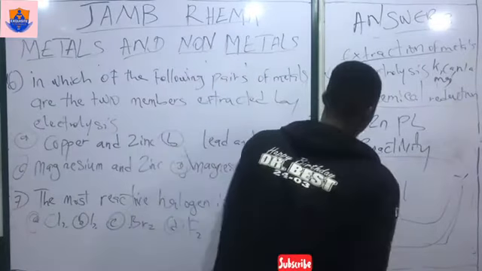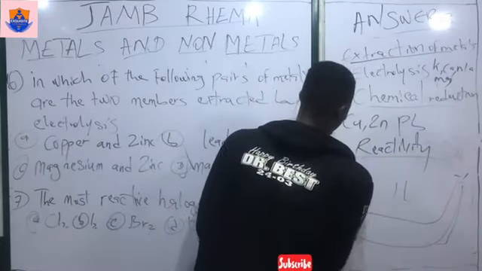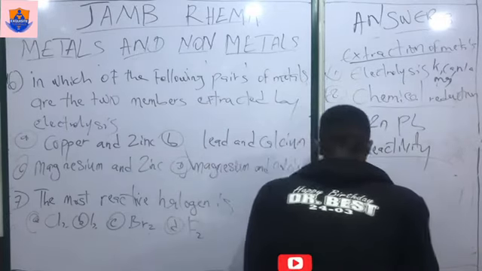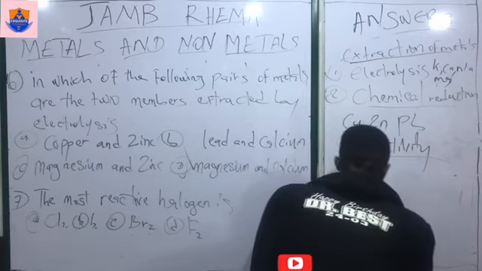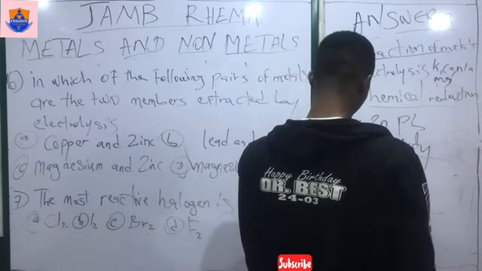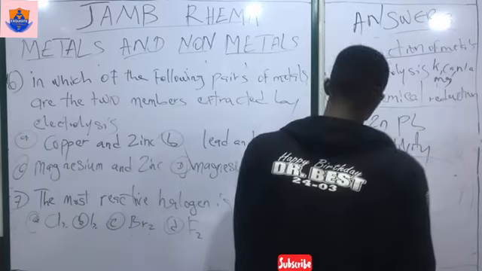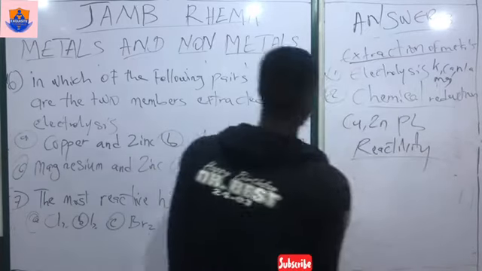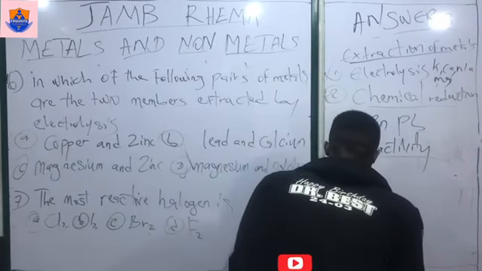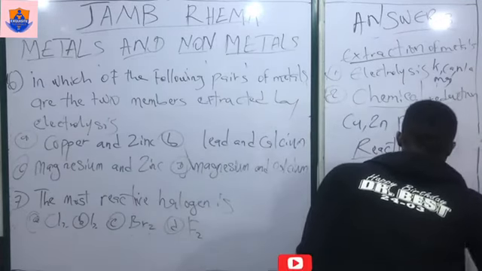Okay, let me make this clearer for you to understand. Let me do the sketching a little bit more understandable. Okay, let's say this is how your periodic table looks like.